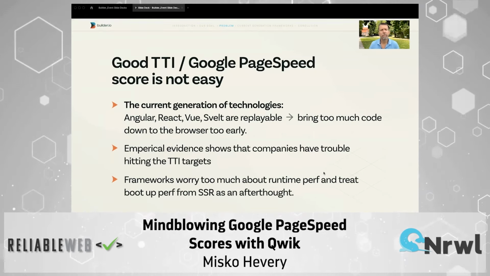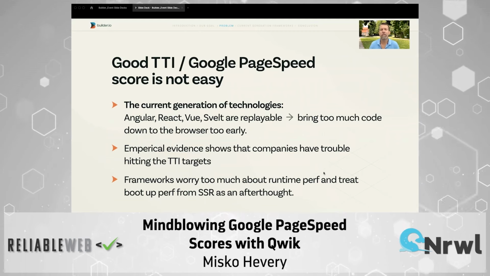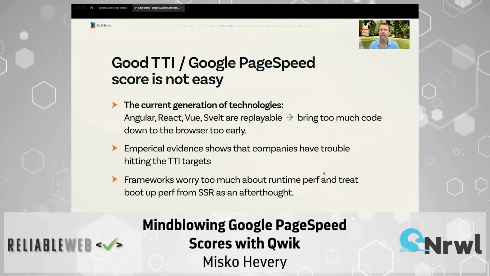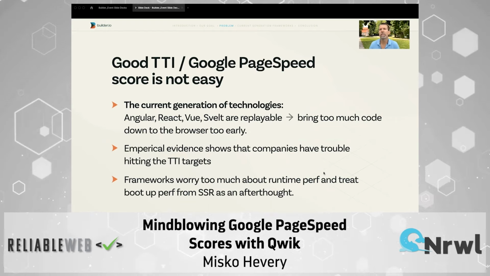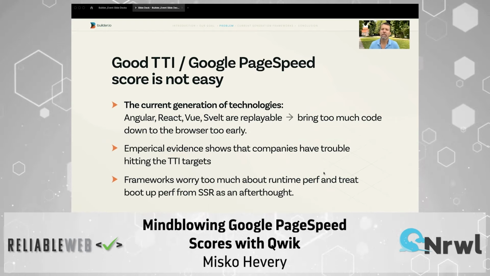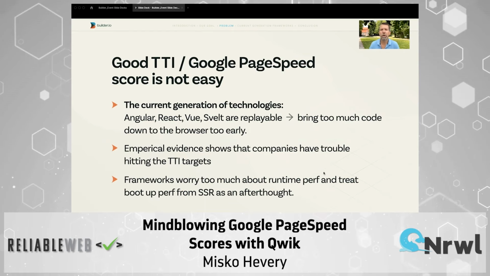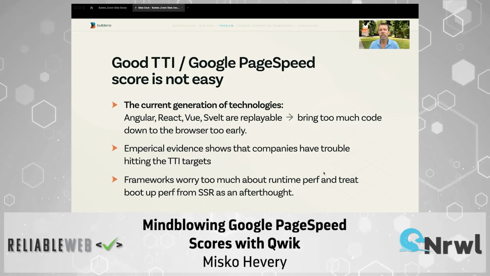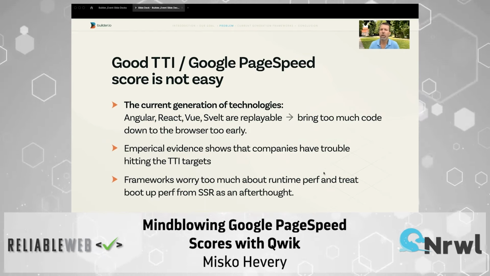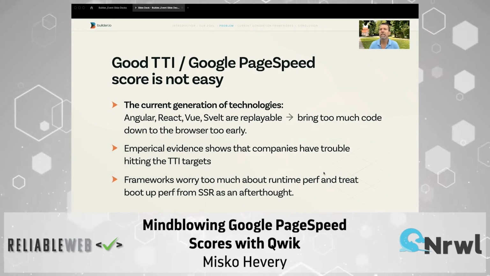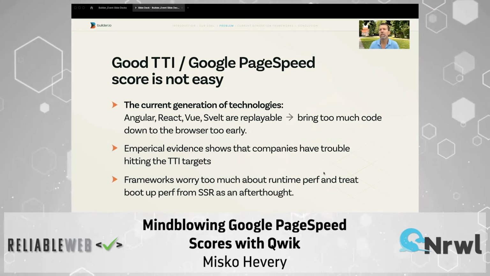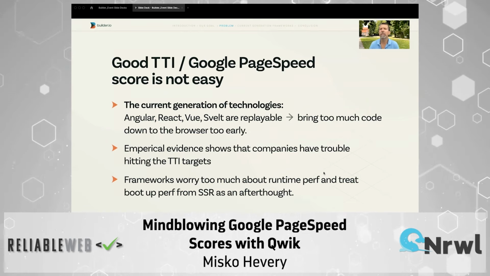So getting a good time to interactive score is just not easy. And it's not easy because you can look at the empirical evidence in the industry and you will notice that everybody is kind of suffering with this problem. You can look at the current generation of technologies, whether it's Angular, React, Vue, Svelte, and they all have this replayability property, which means that they force you to bring too much code at the very early application startup.